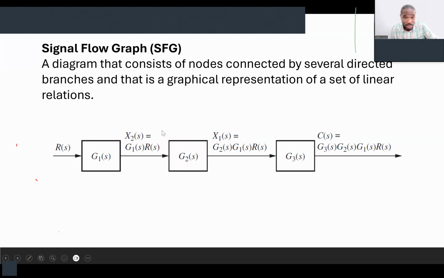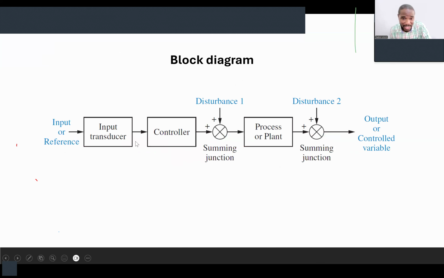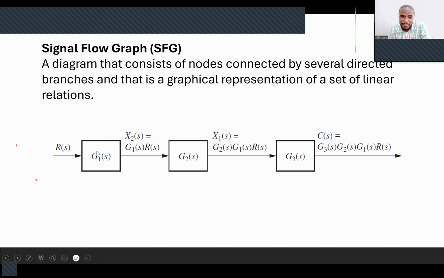This could still represent this guy, right? But instead of just saying this is the input transducer and writing out the big transfer function, we can represent it by a value. And it shows us the linear relationship between these things. Now, let's begin to do the maths.